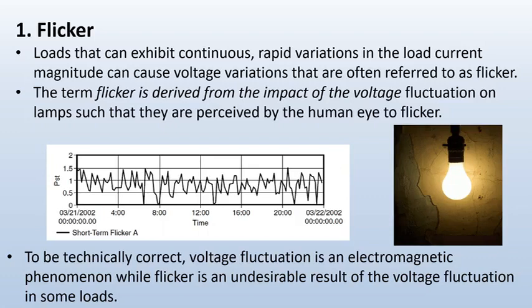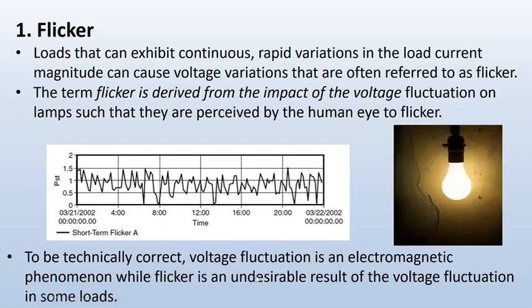And if this voltage variation is supplied to any other load such as an incandescent lamp, then you can observe that these lamps may be flickering like this, and that flickering may be perceived by the human eye. That means normally we can see that fluctuation in the light from the incandescent lamp. Such phenomena which occur due to voltage variation in the power system are called flicker.